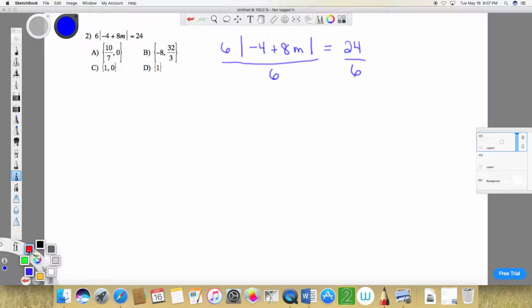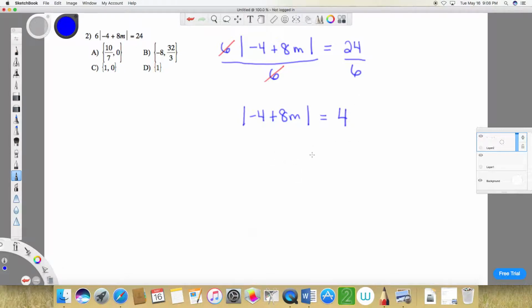So 6 divided by 6 is 1. We say that these factors cancel, and on the left-hand side, I have the absolute value of negative 4 plus 8m is equal to 24 divided by 6, which is 4.